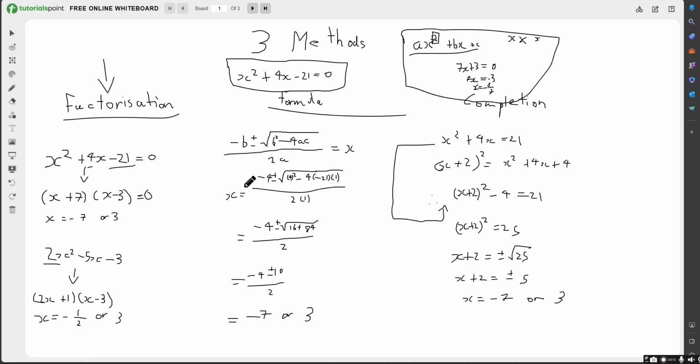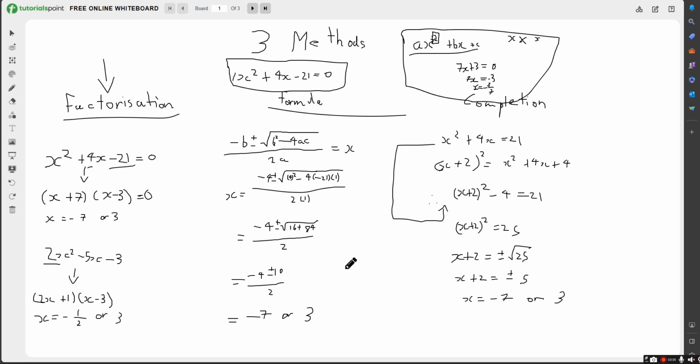So we plug our numbers in from here. We have minus 4 plus or minus the square root of 4 squared minus 4 times minus 21, which is c, times 1, which is a, because the a term here is just 1, over 2 times 1, which simplifies to minus 4 plus or minus the root of 16 plus 84 over 2. 16 plus 84 is obviously 100. Square root of 100 is 10. So it's minus 4 plus or minus 10 over 2.